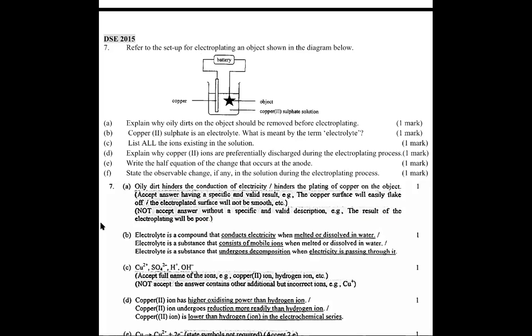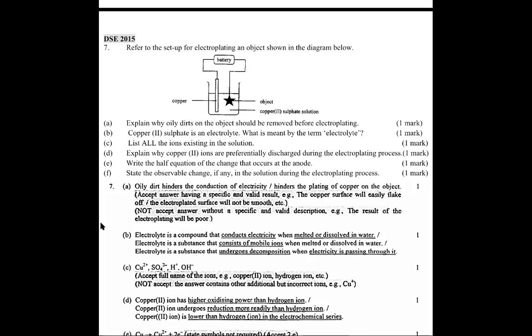So you can say it hinders the conduction of electricity and hinders the plating of copper on the object, because it has an uneven surface, so the copper will not be able to stick on the object firmly.